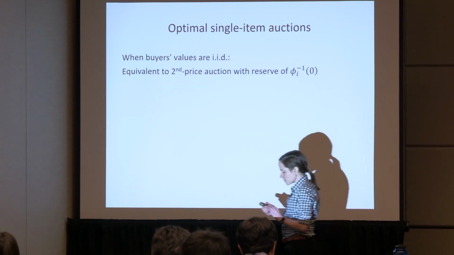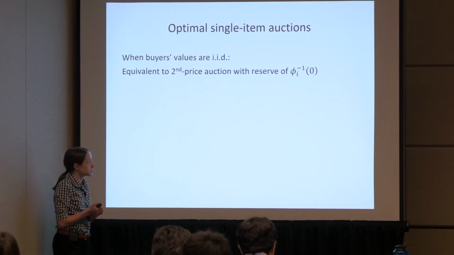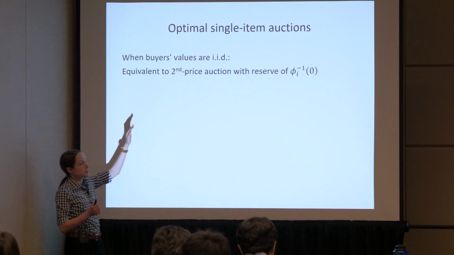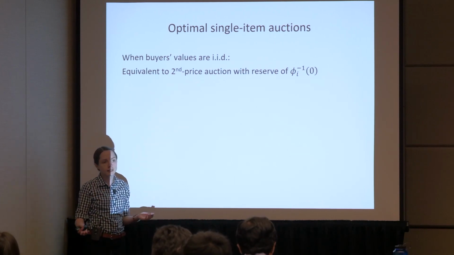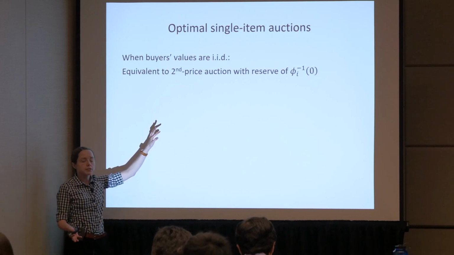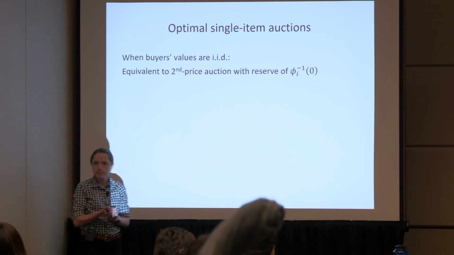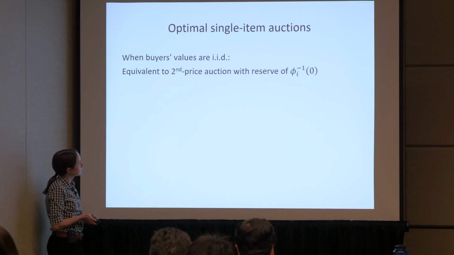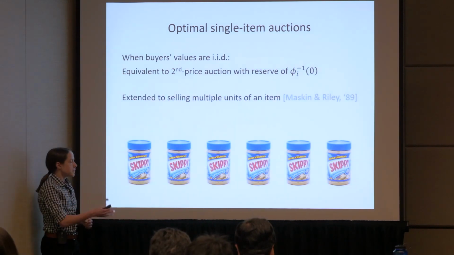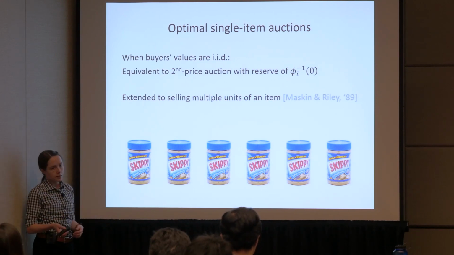Okay, and there are some really nice properties of Myerson's optimal auction. One of which is that when the buyers' values are IID, Myerson's optimal auction is equivalent to a second price auction with a carefully chosen reserve, which is a pretty cool fact. Also, Myerson's auction was later extended to selling multiple units of an item.